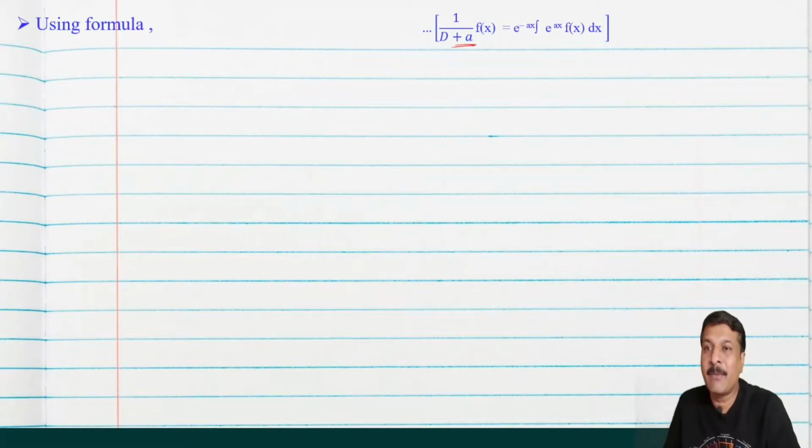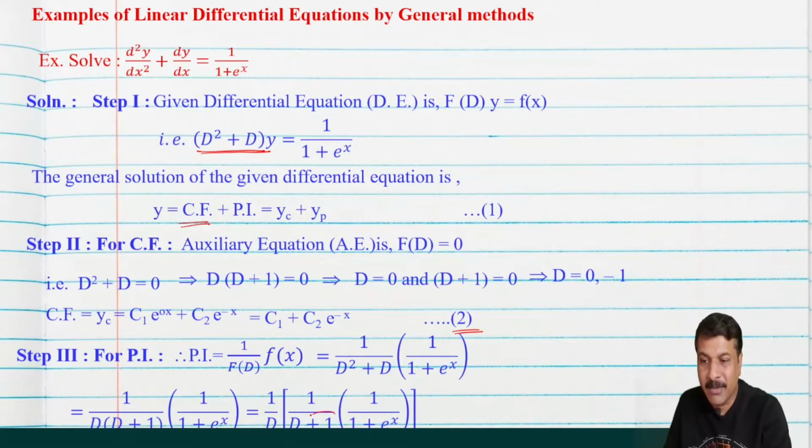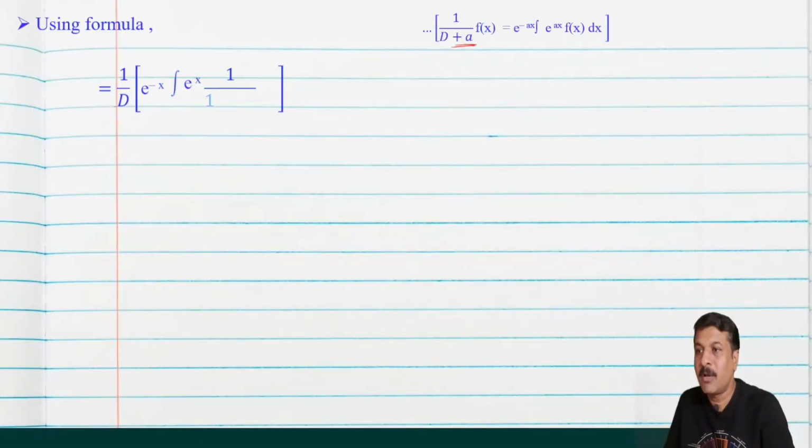So I am getting 1 upon d plus a f of x equal to e raised to minus ax times the integration of e raised to ax f of x dx. In this case, a is nothing but plus 1. So e raised to x inside, e raised to minus x outside. So I am getting here 1 upon d outside as it is, and e raised to minus x times the integration of e raised to x into f of x, meaning 1 upon 1 plus e raised to x.